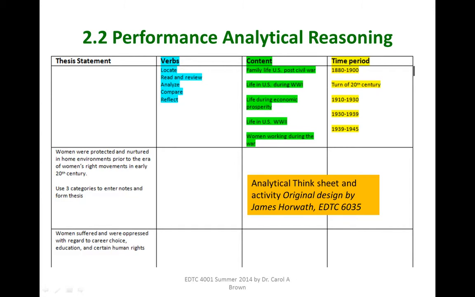And so the student would take a reading passage, and here in this block, where my cursor's moving, they might enter keywords, they might compare two ideas, but these are the verb activities that they'll be doing for this type of think sheet.